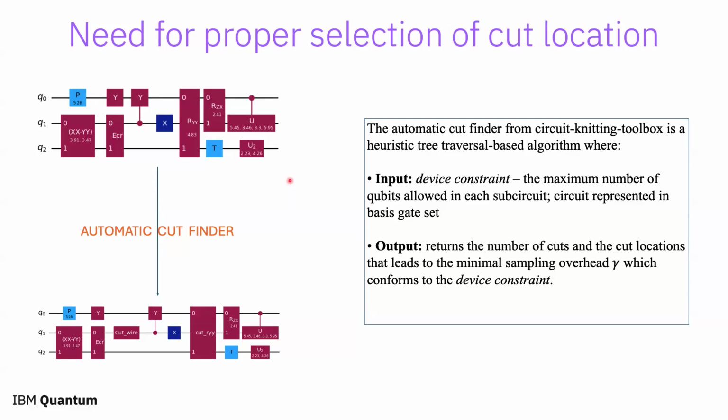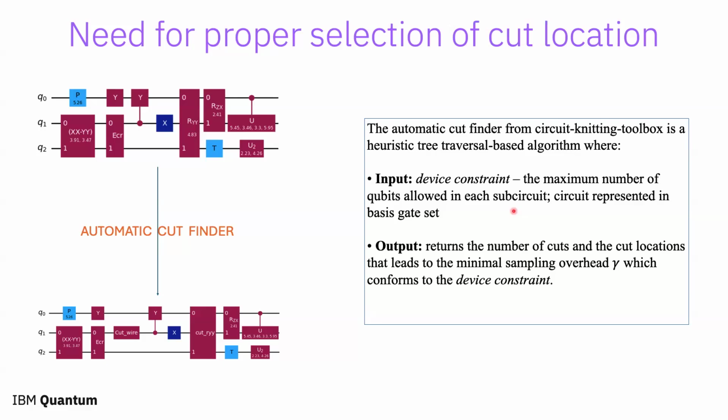You can select it manually. The best method that we have today from the circuit knitting toolbox is called an automatic cut finder. It's basically a heuristic tree traversal based algorithm where you input the device constraint. This device constraint is how many qubits are allowed in each subcircuit.